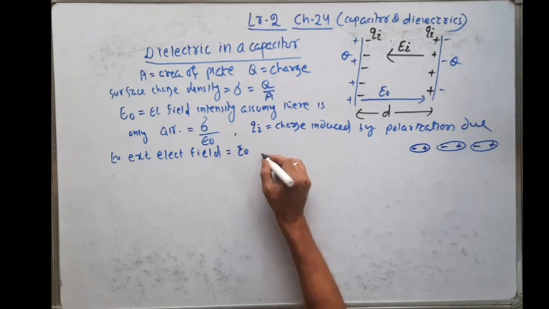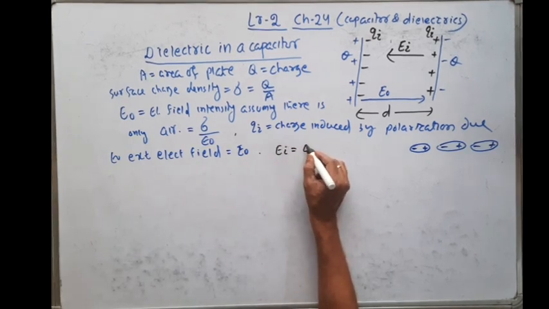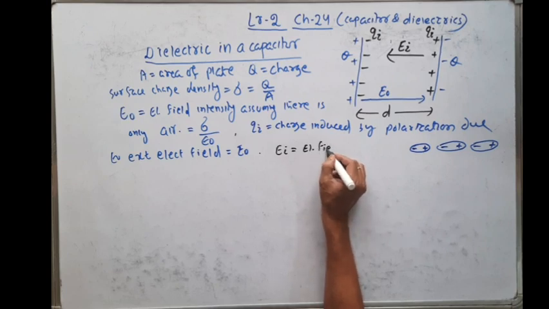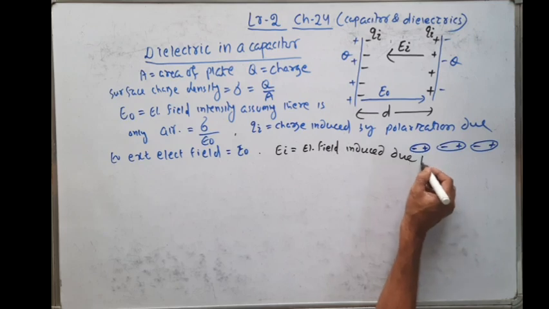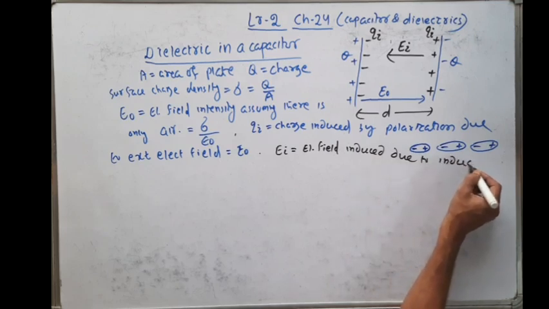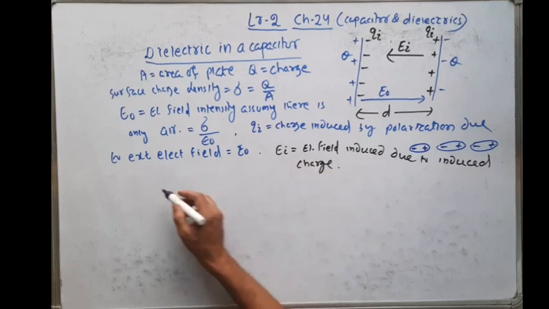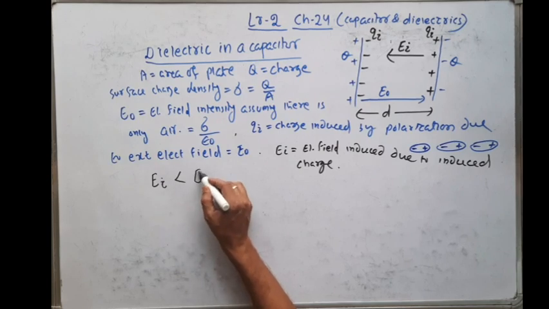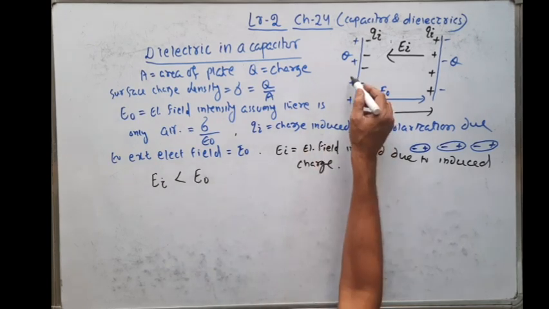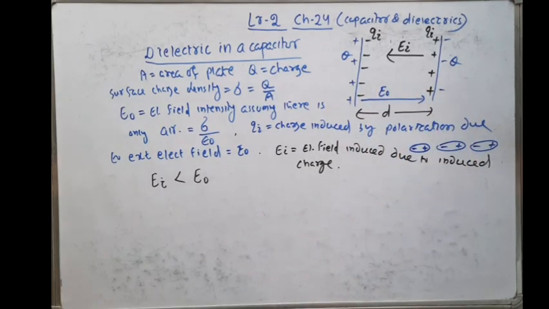EI is the electric field induced due to the induced charge. Definitely the electric field intensity developed due to the induced charge is less than that developed by the main charge, plus Q. So EI is less than E naught.